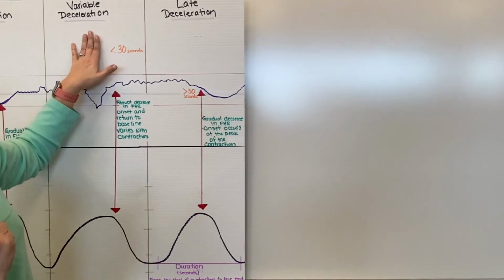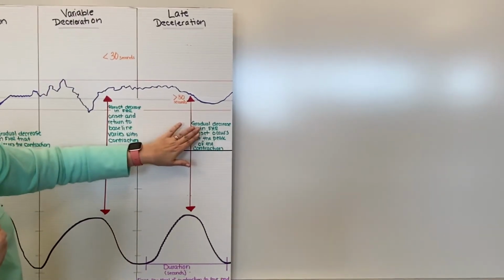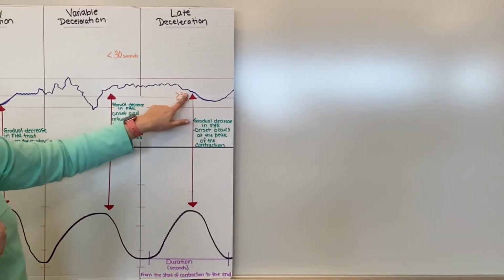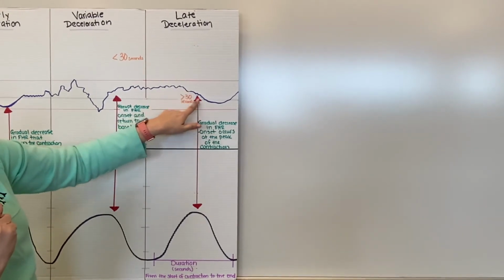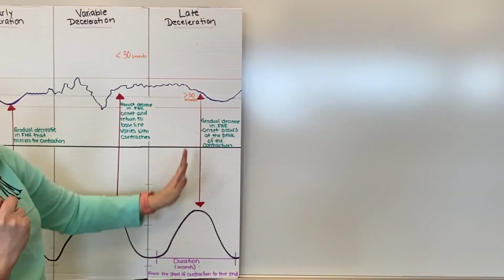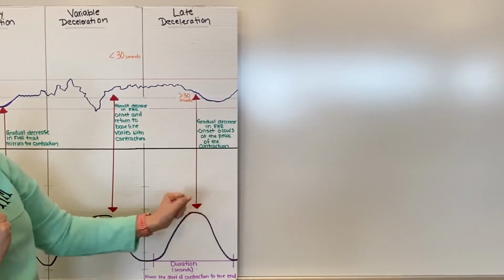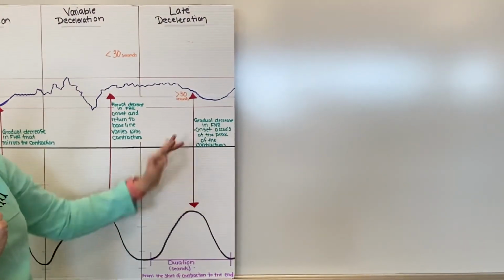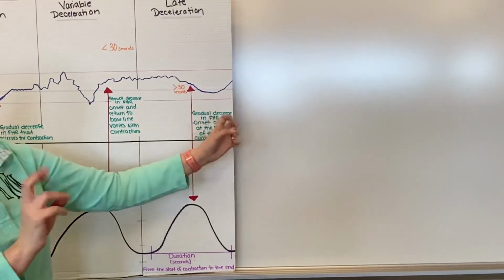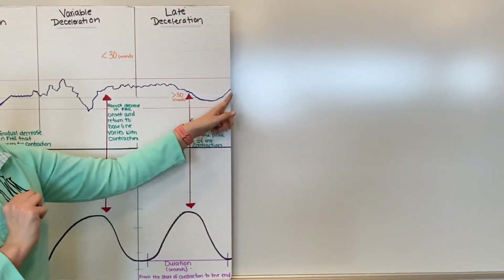Unlike the variable deceleration, this is a gradual decrease. So the gradual decrease is more than 30 seconds. And again, the onset occurs after the peak of the contraction. All right, so think there's a contraction, the decel is coming late, so it's a late deceleration.